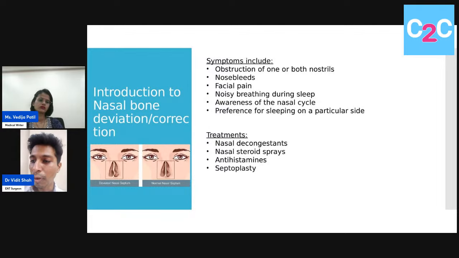And the last point I want to highlight before I close is that nasal decongestants, your nasal drops, be it your xylometazoline or oxymetazoline nasal drops. People may not be aware, but they have addictive potential.